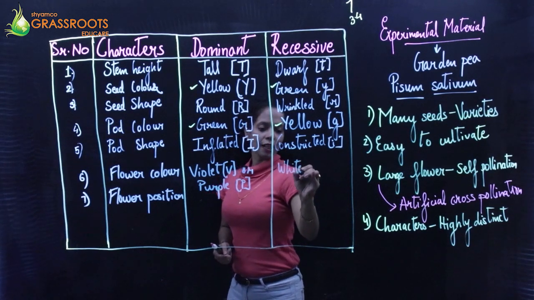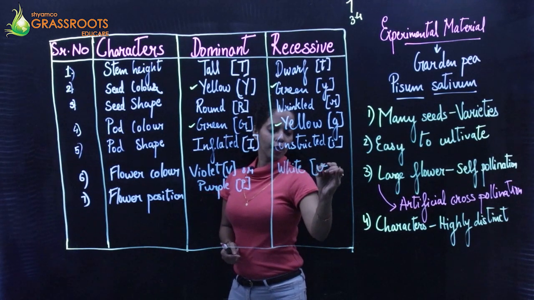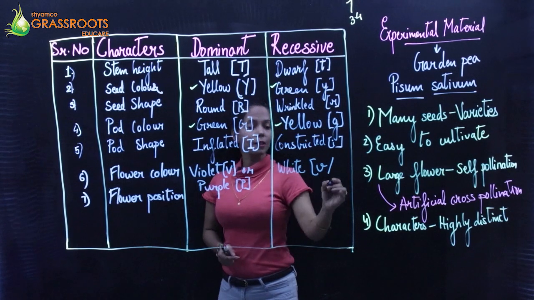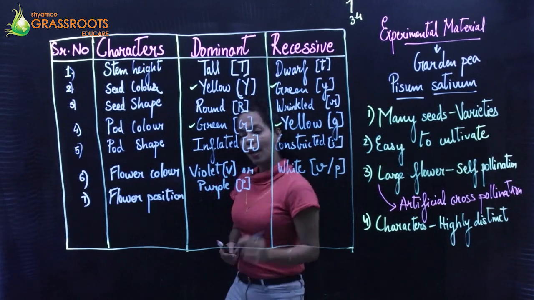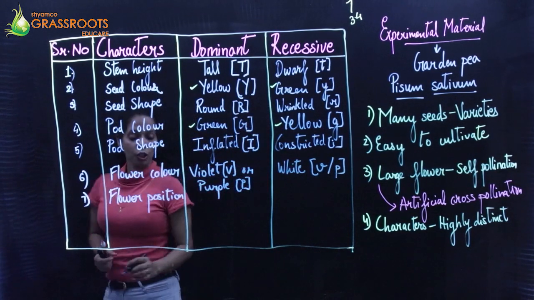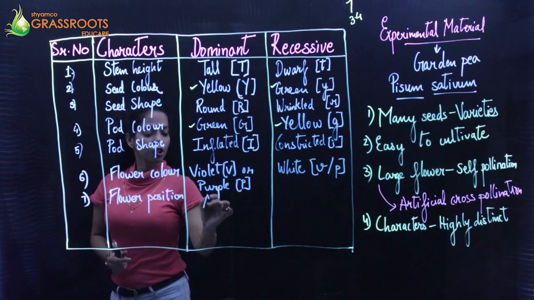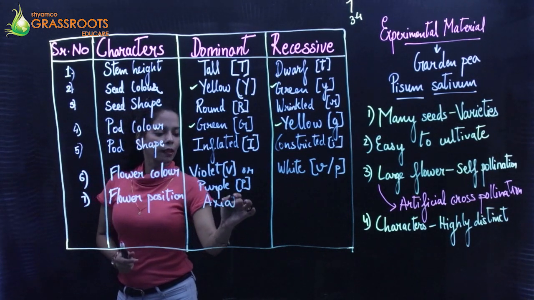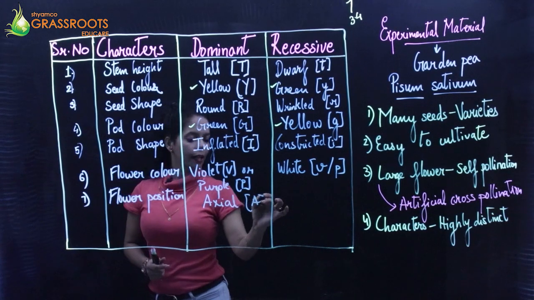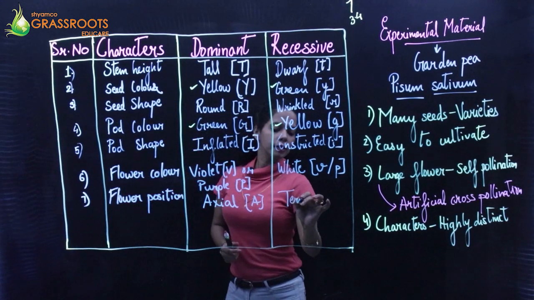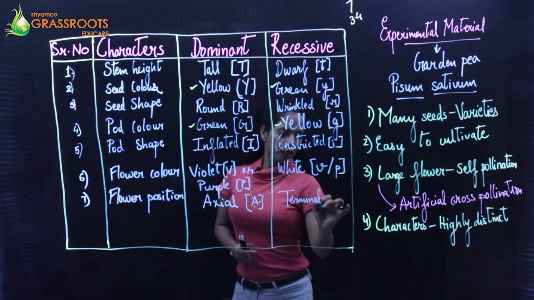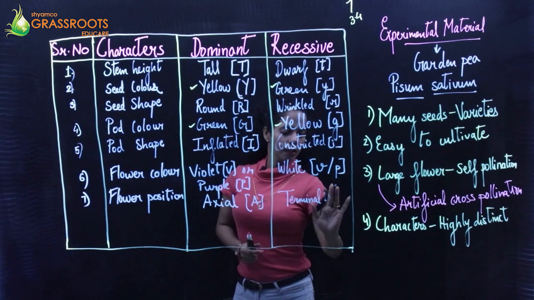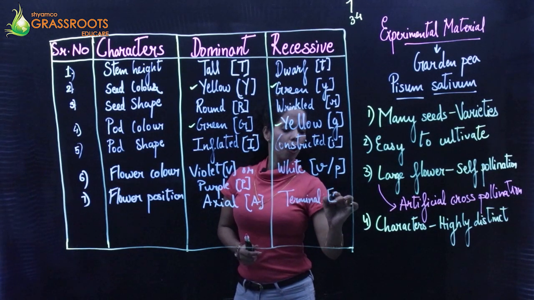So if you are considering violet, write small v, and if you are considering purple, write small p. Fine. Now, flower position: axial is dominant, indicated by capital A, and terminal is recessive, indicated by small a.